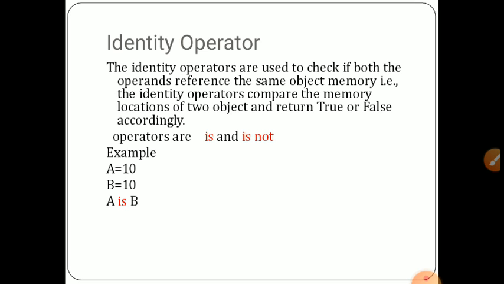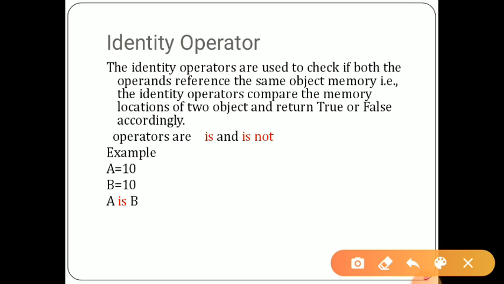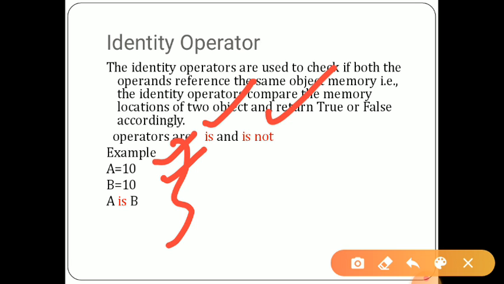Identity operators are basically of two categories: is and is not. Look at this example. A equal to 10, B equal to 10. A is B, so it will return true. Why?